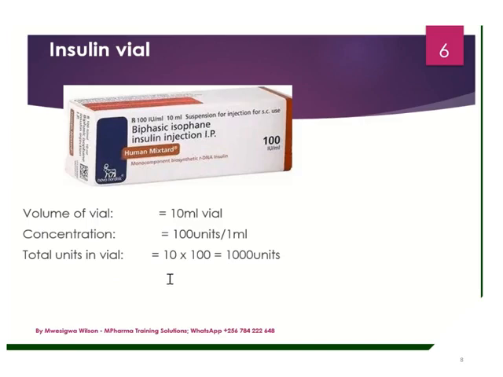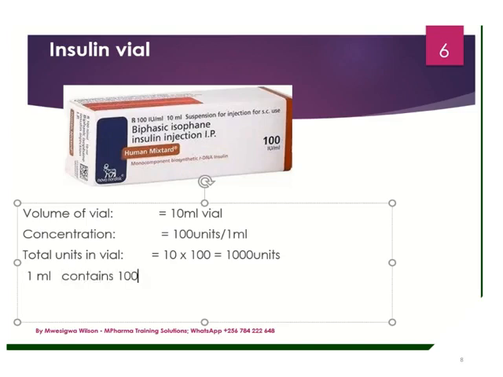You can use first principles. 1 mil contains how many units? 100 units.